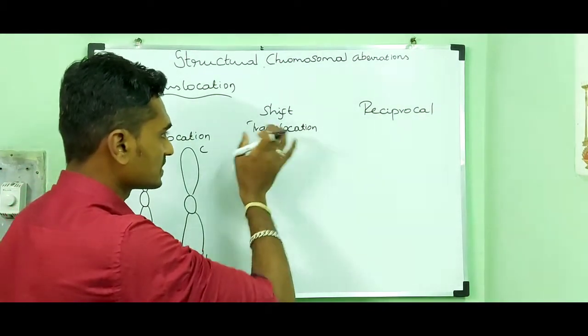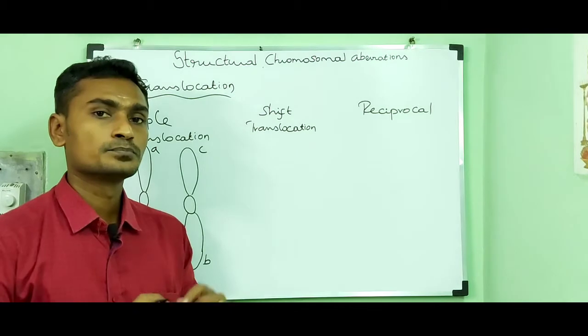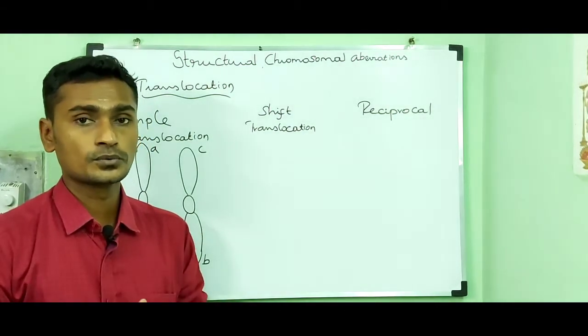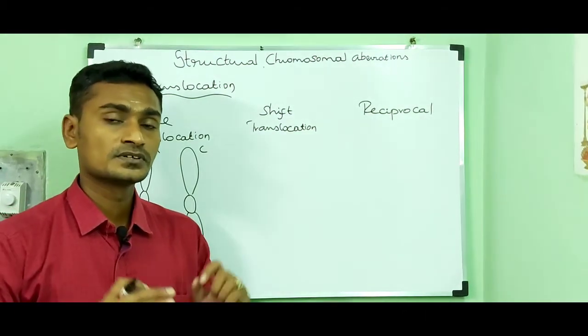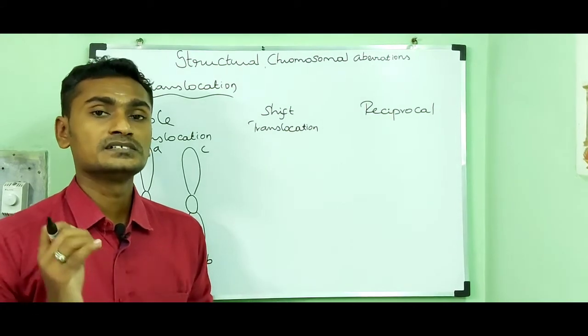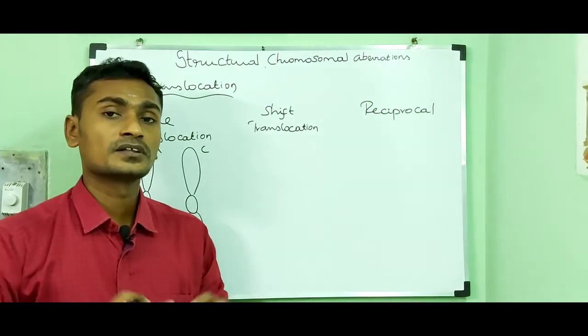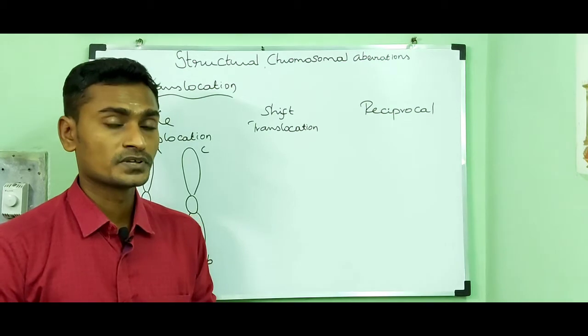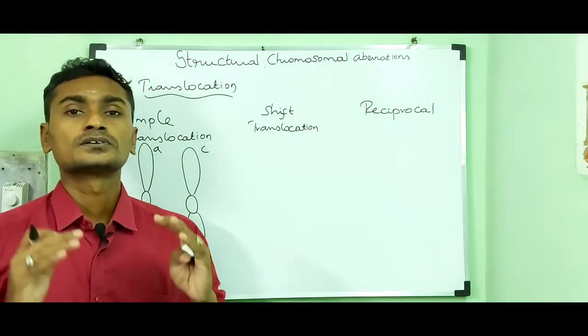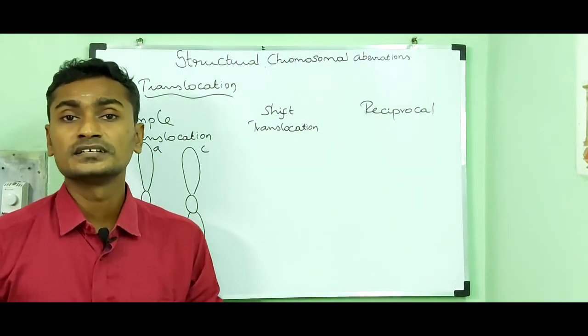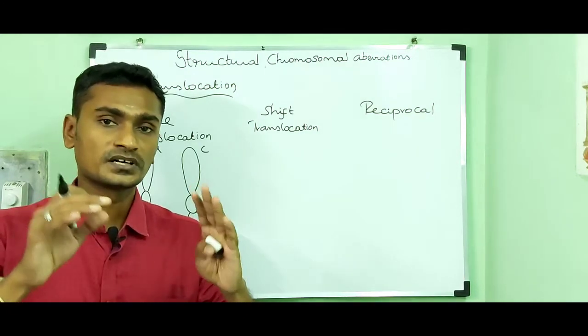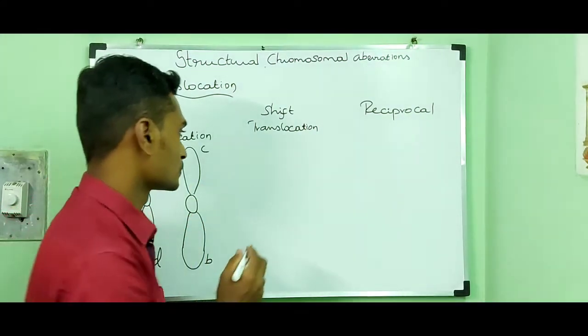Then shift translocation means the broken segment of a chromosome gets inserted in the middle of a non-homologous chromosome.